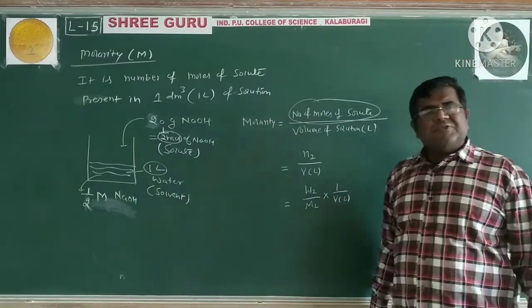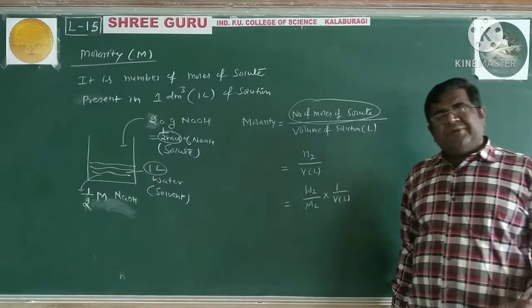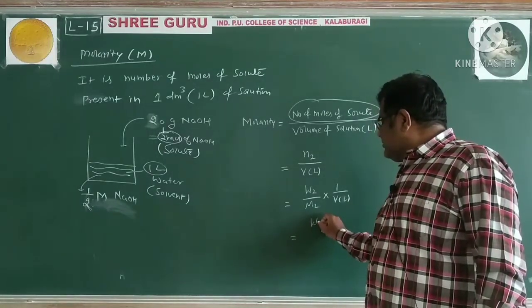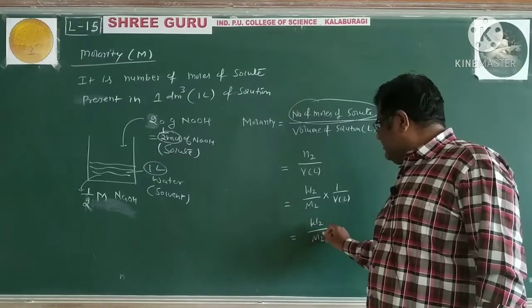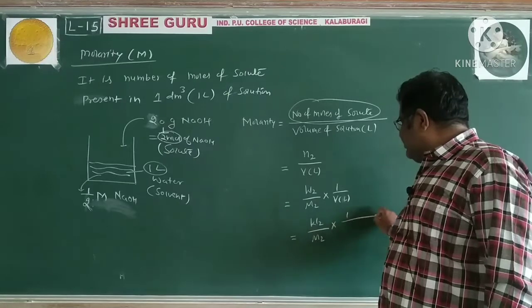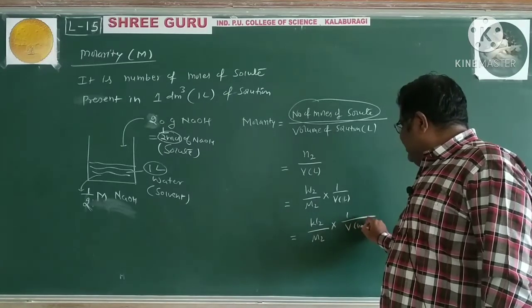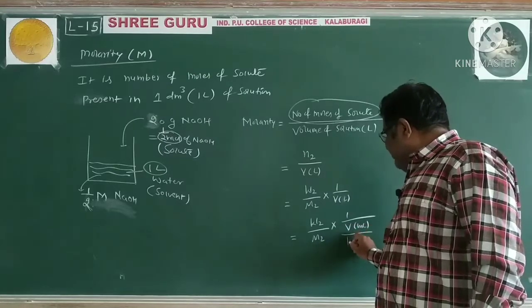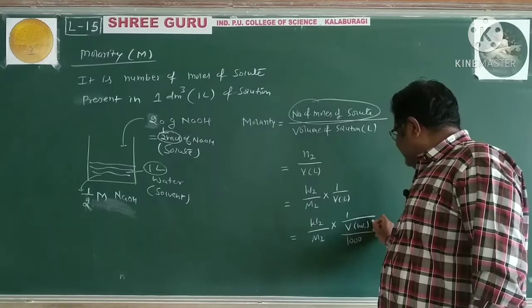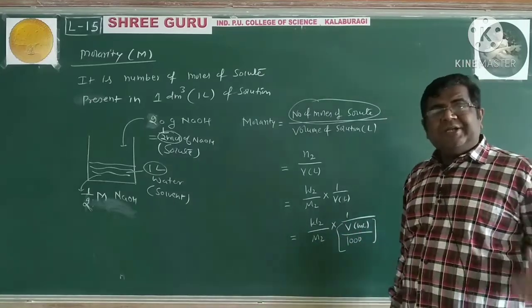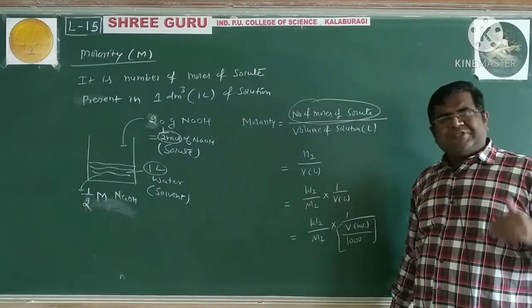But generally when solutions are made, they are made in milliliters. So you can write this as mass of solute divided by molar mass of solute, with the volume in milliliter. And if we divide this by 1000, that becomes volume in liter, because milliliter divided by 1000 becomes liter.